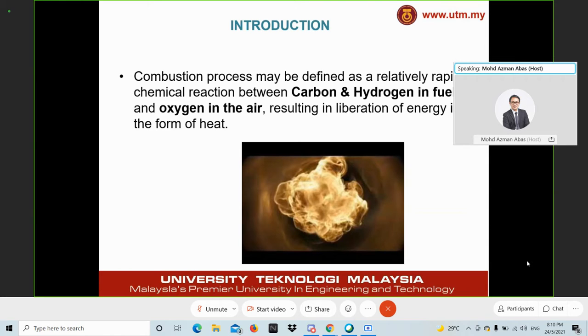Because of the chemical reaction between the fuel and the oxygen in the air, there is a liberation of energy, a release of energy in the form of heat.